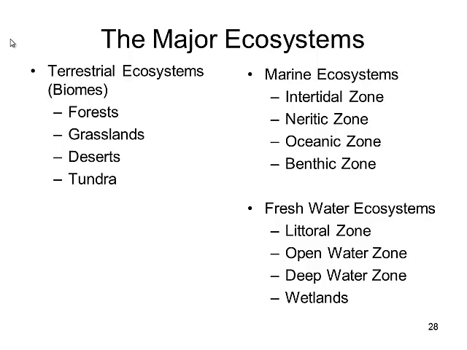So, some of the major ecosystems on this planet consist of terrestrial ecosystems or biomes, things on the ground: forests, grasslands, deserts, tundra, all very different from each other, yes? Then we also have marine ecosystems.